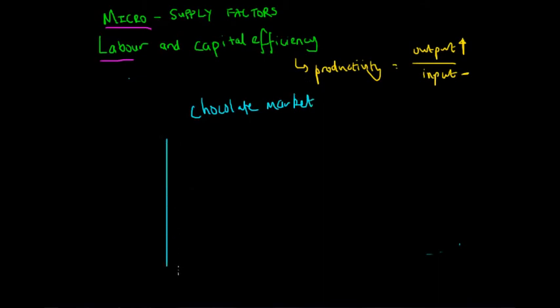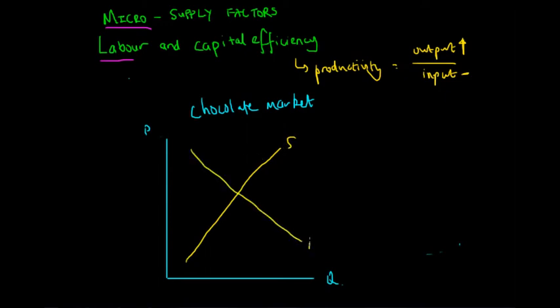We have price along the y-axis, and we have quantity along the x-axis. Initially, we have an upward sloping supply and a downward sloping demand for simplicity. We're not going to assume any elasticity for the moment. And then we also have a price equilibrium at PE and a quantity equilibrium at QE.